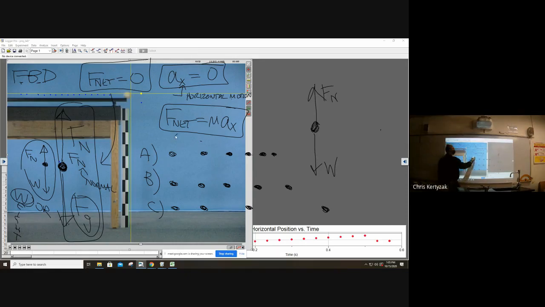Well, if the net force is 0, acceleration is 0, no matter what number I put here for the mass, will it be a true statement? 0 equals 0. Yep. So it's in agreement? Absolutely. That's something to recognize, that if they said, what formula supports this? You'd say Newton's second law, F net equals ma.